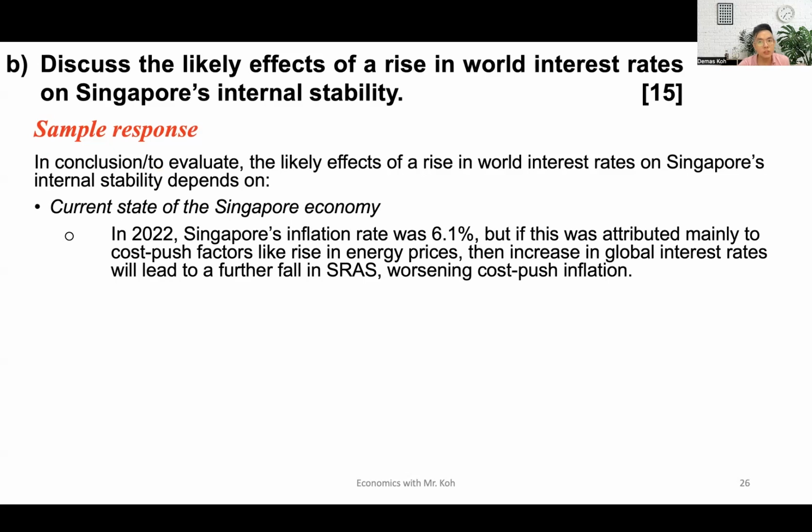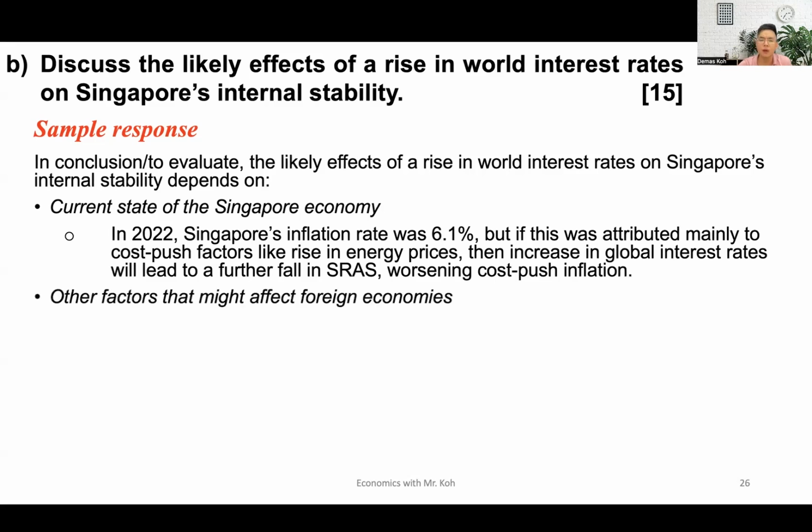But if this was attributed mainly to cost push factors like rise in energy prices, then the increase in global interest rates will lead to a further fall in SRAS, right, via the depreciation route that we analyzed earlier. Therefore, this would worsen cost push inflation.